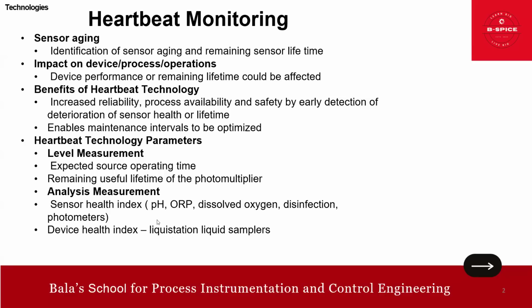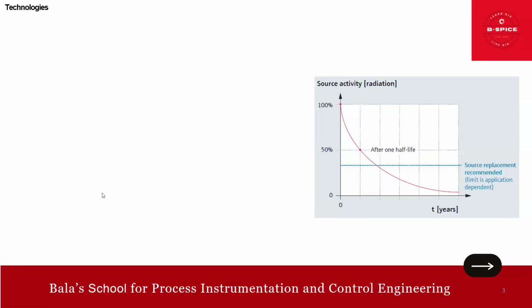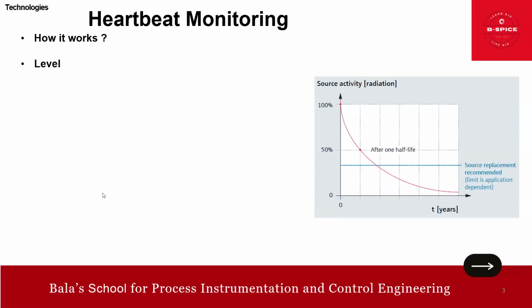The device health index is also needed for analysis, and for liquid samplers. And for temperature, we need to consider measurement of temperature deviation. So basically these are the parameters we need to consider for sensor aging. Right, so let's see how it works.